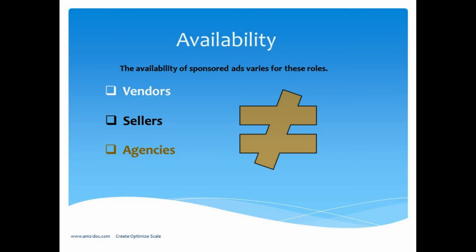Sellers, or those who represent a seller, who are active, professional sellers with a professional seller account, instead of an individual seller account, can use sponsored ads. Agencies that represent an eligible seller or vendor can use sponsored ads.